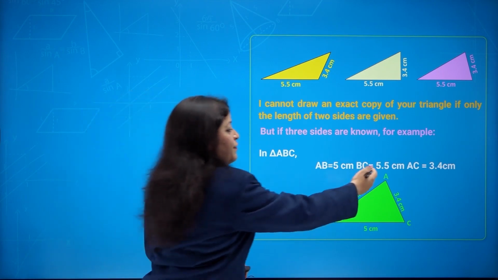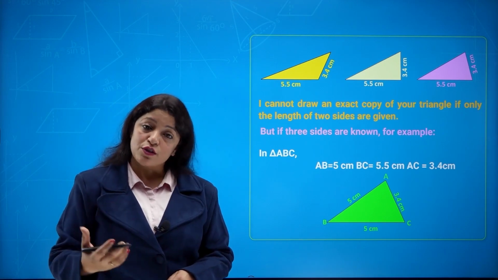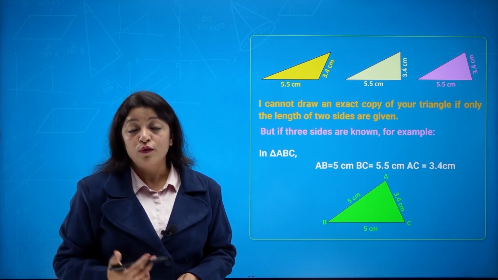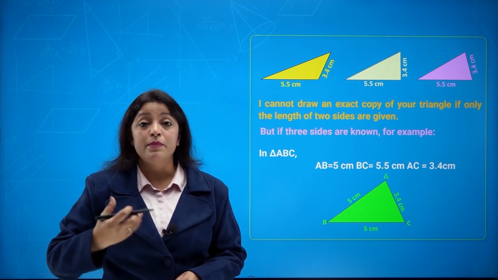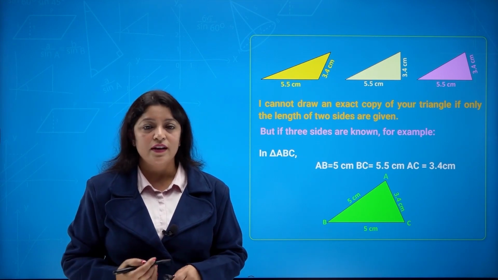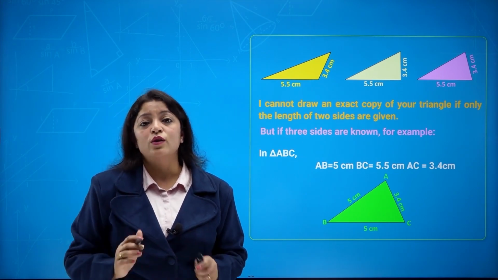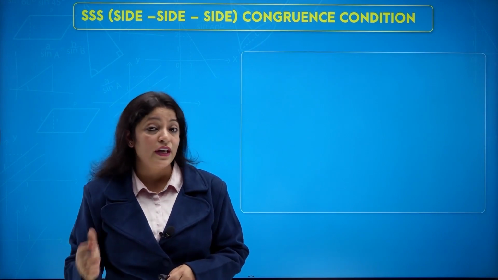Now, if the length of AC is also given to me, that is 5, how many such triangles are possible? Obviously, with these measures of the lines given to me, I'll get only one such triangle. And this particular triangle will be congruent to the one which was already given to me.